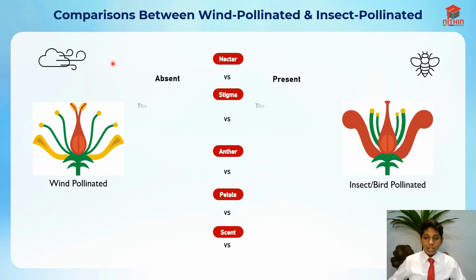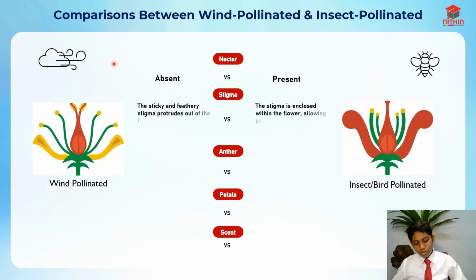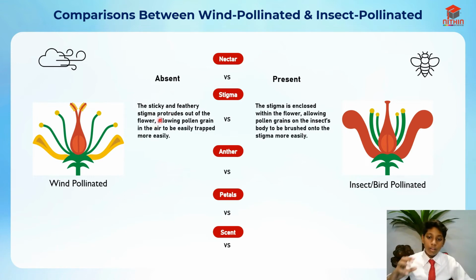Okay, next, the stigma. So for the wind pollinated flower, there's a sticky and feathery stigma that protrudes out of the flower, allowing the pollen grains in the air to be trapped more easily.